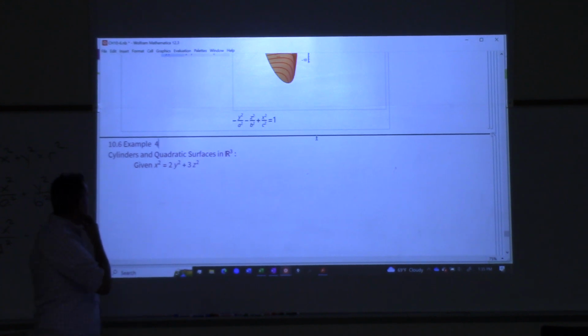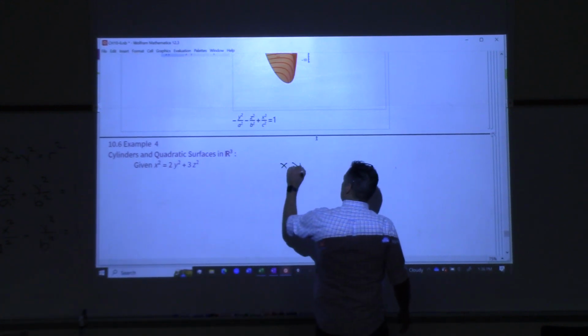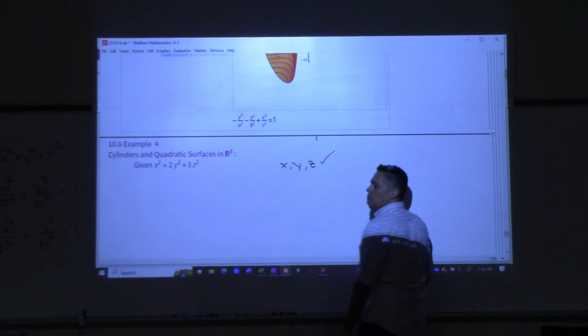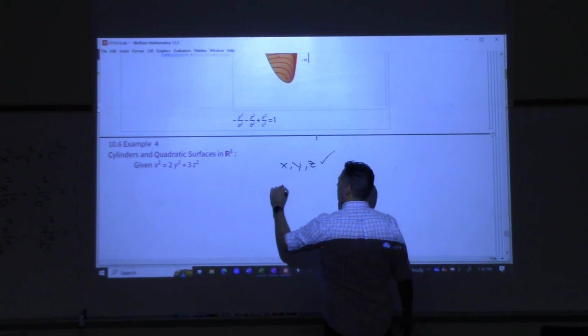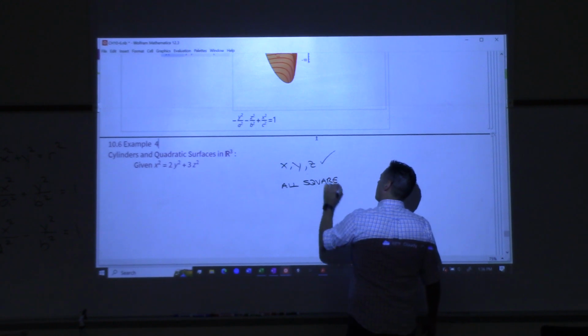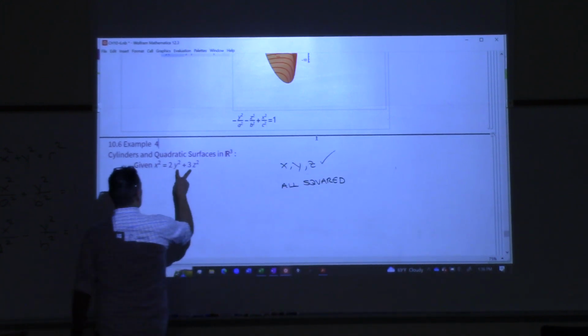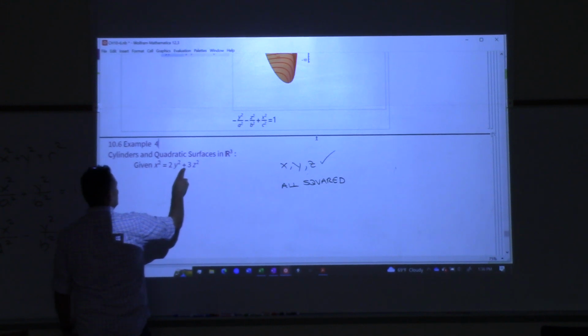So I look at this. I have x, y, and z all there, right? They're all squared. 2 of them are on one side being added. The other one is by itself.